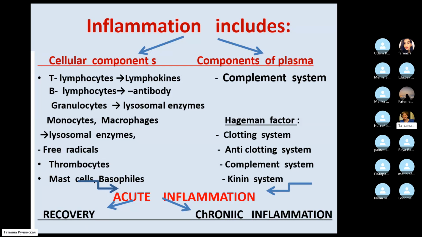As for components of plasma, what do you think? At first, there must be the complement system and such factors as Hageman factor, which are in blood. And you know that Hageman factor, in another word, is factor 12 of the clotting system.